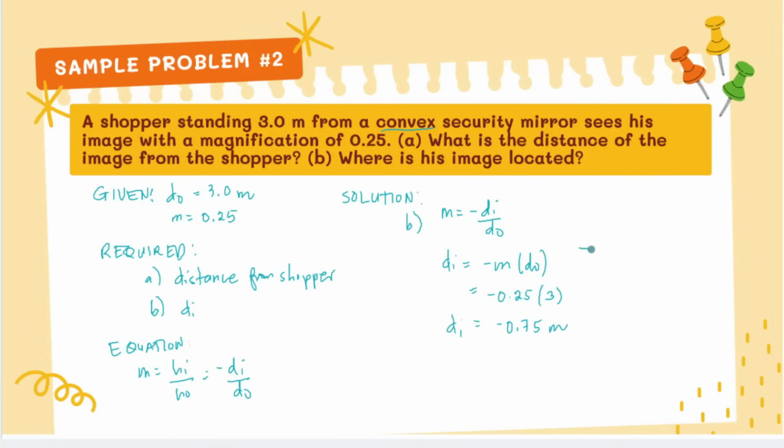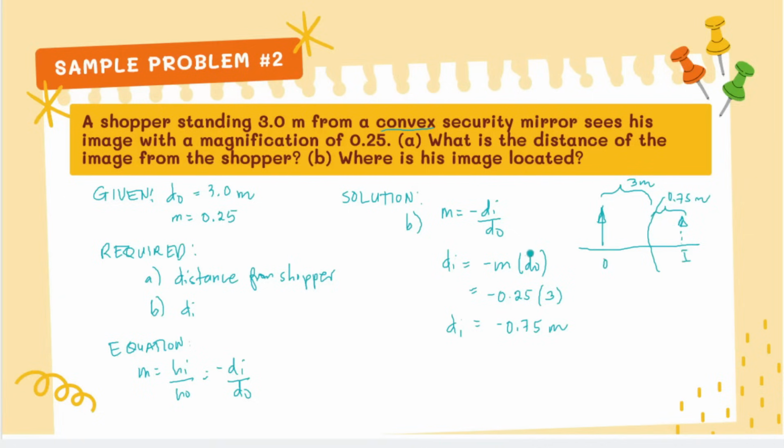So, pag drawing natin yan, ito si convex mirror. So, let's say this is your object, 3 meters. So, si image ay ito. Sabi dyan, 0.75 meters. This is your object. This is your image.